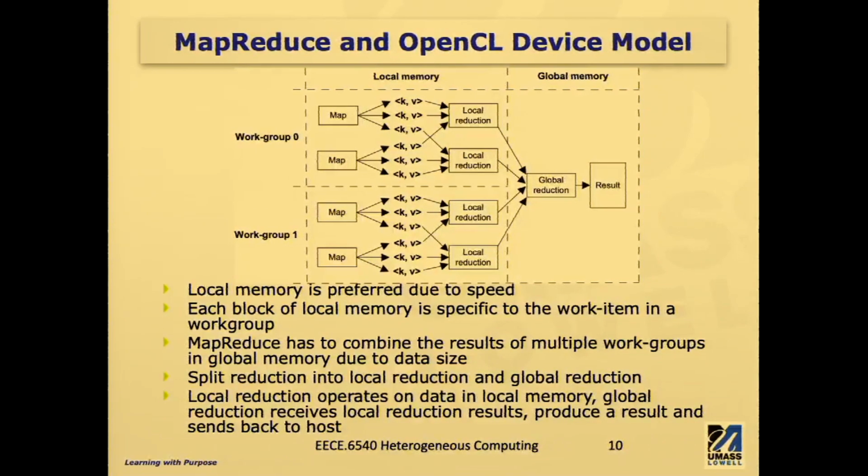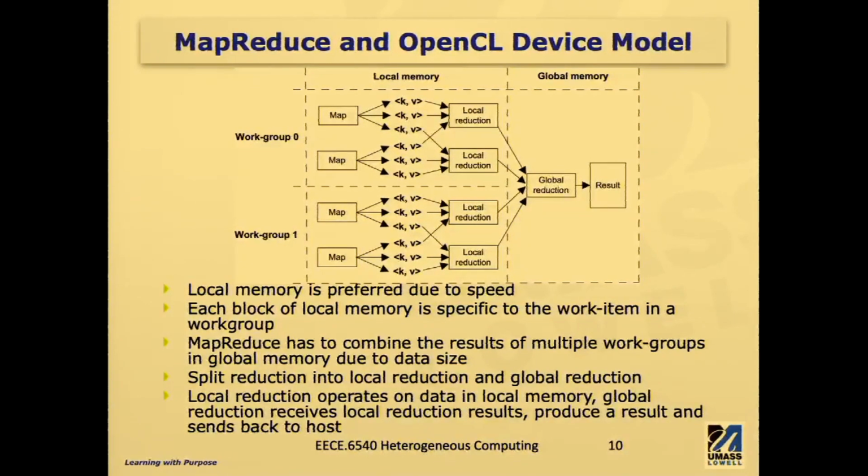So it's a waste of bandwidth. So what's going to happen for this single work item is that it not only performs the mapping stage, it also performs a small part of the reduction stage. And that's what we call local reduction.